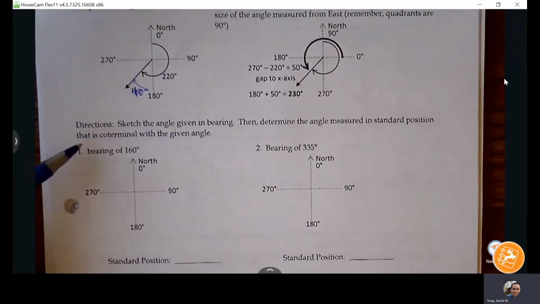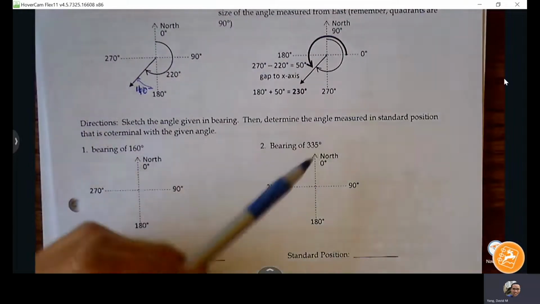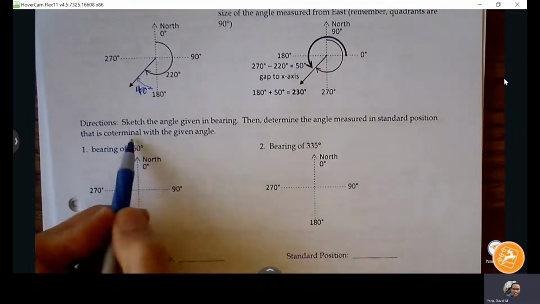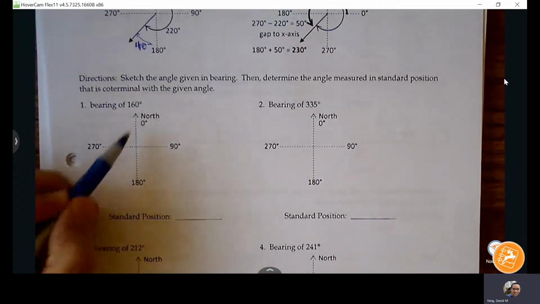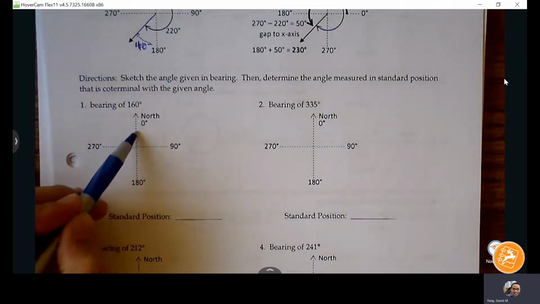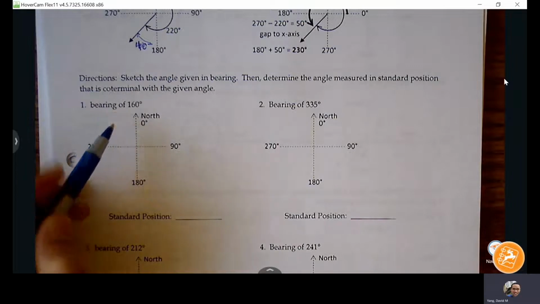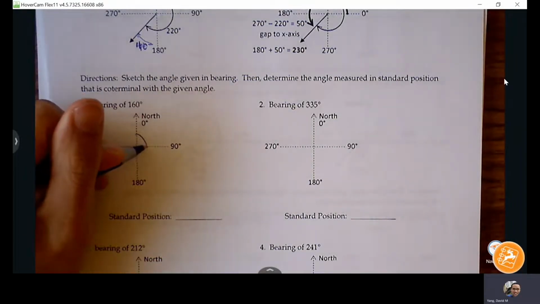Okay, so directions: sketch the angle given in bearings, then determine the angle measure in standard position that is coterminal with the given angle. Okay, so bearing of 160. So right now, the degree measures are given as if we are measuring from the north, right? So 160, we know 160 means that we're going to have to travel 90 degrees and a little bit more, right? So 160 is going to be here.